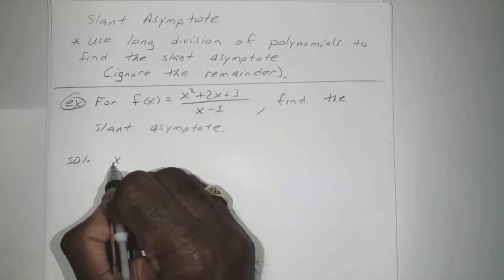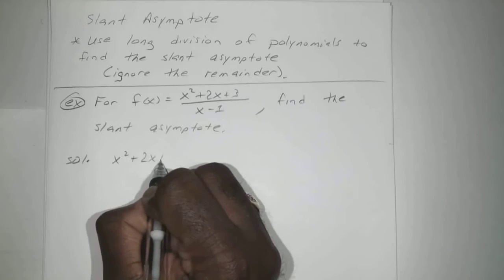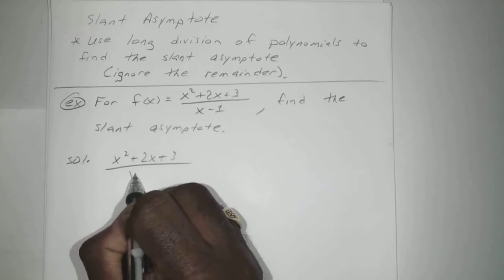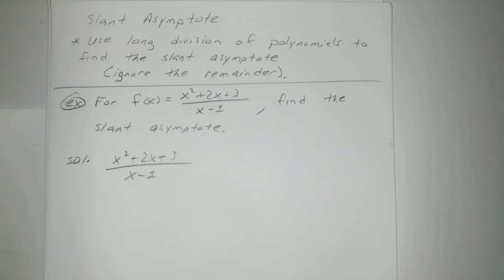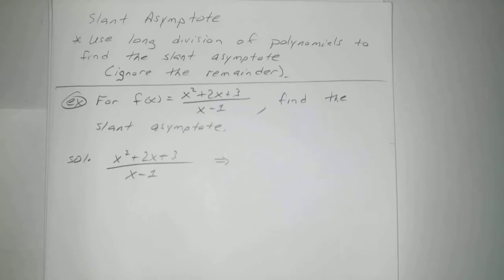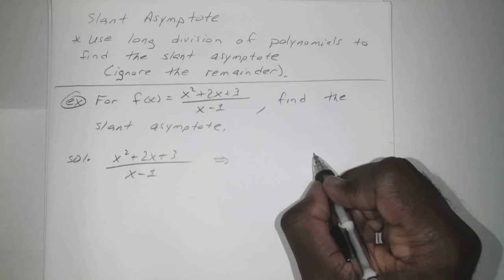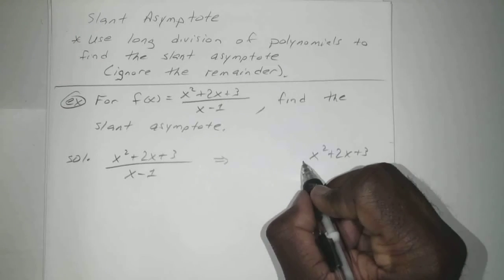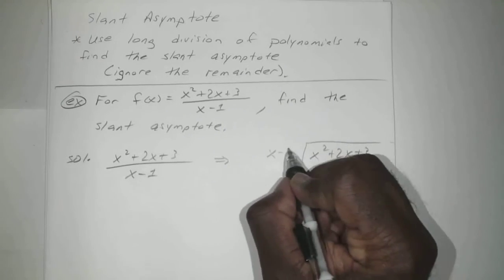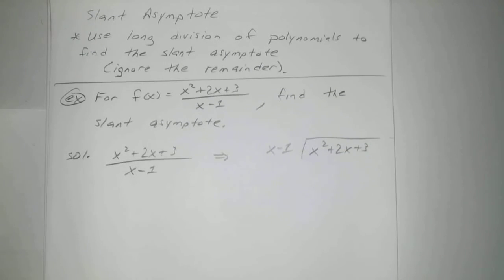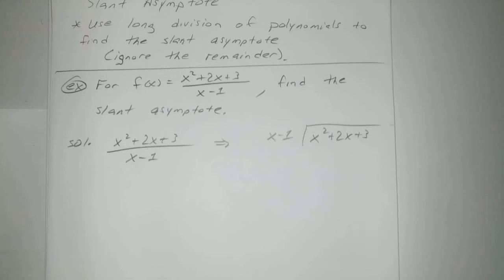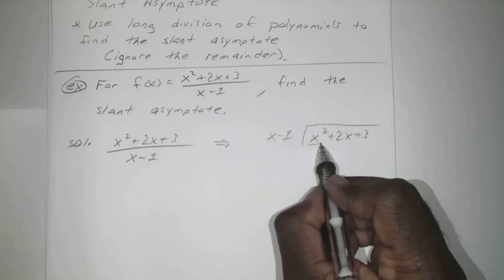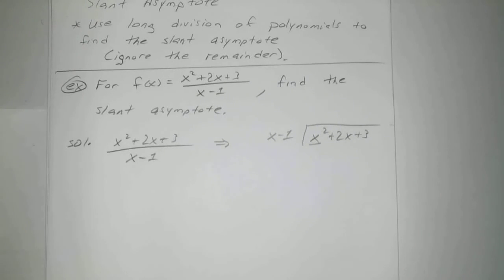Okay, so that means that our x squared plus 2x plus 3 divided by x minus 1, we just rewrite it as x squared plus 2x plus 3 divided by x minus 1. Okay, so now we go ahead and do our long division. Okay, so remember the first thing we want to do is get rid of that x squared.